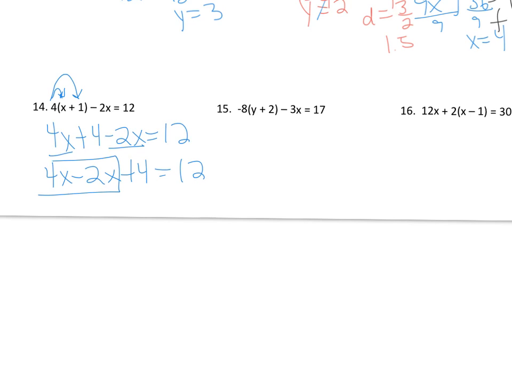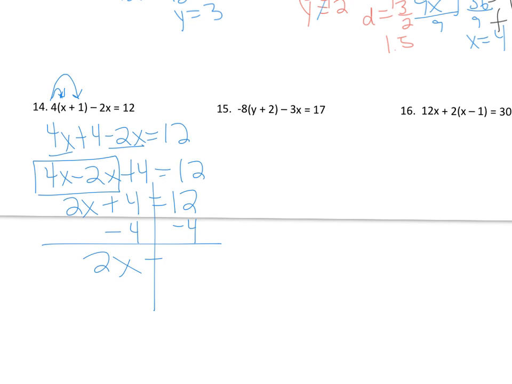Now I'll combine my like terms. So 4 minus 2 gives us 2x. And now I can solve it. So x equals 4.